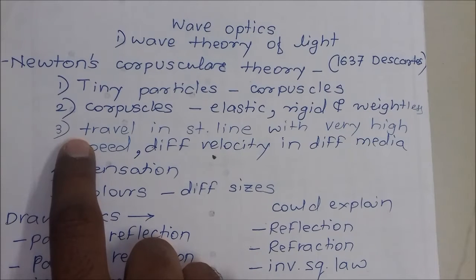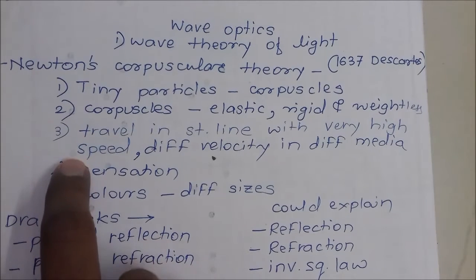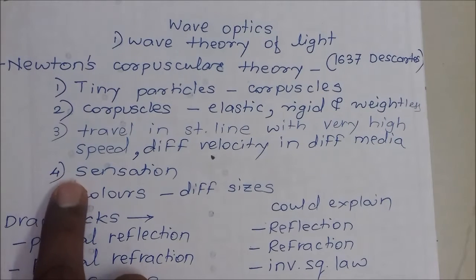Light travels in a straight line with very high speed, and in different media light has different velocity. When corpuscles enter the eye, we get the sensation, and colors are due to different sizes of corpuscles.